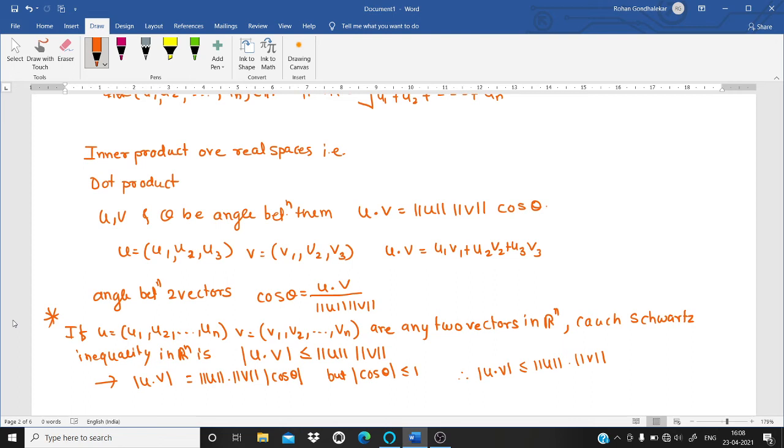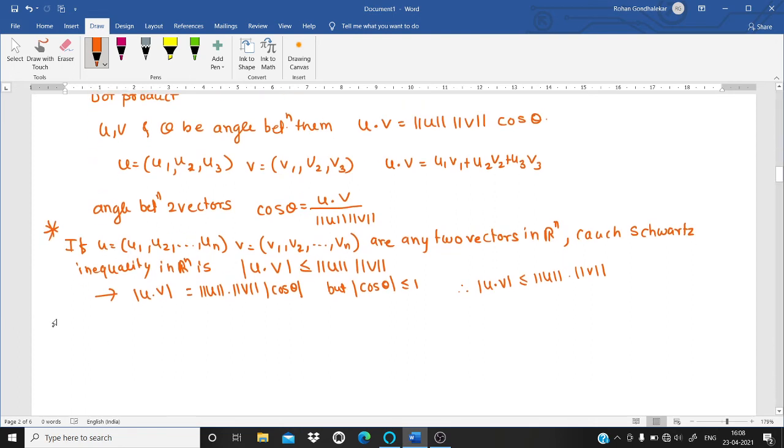Okay, write down the question from the university exam. Verify the Cauchy-Schwarz inequality for the vectors given below.